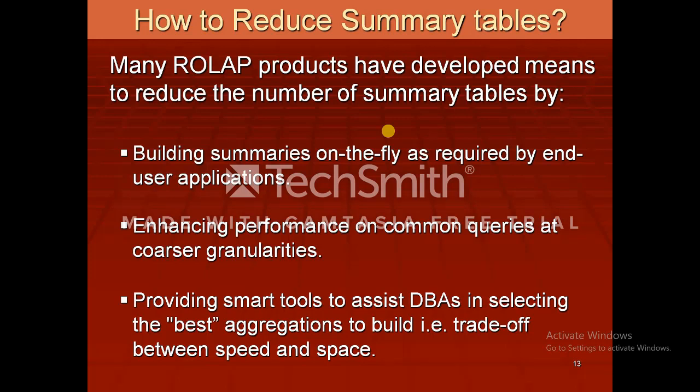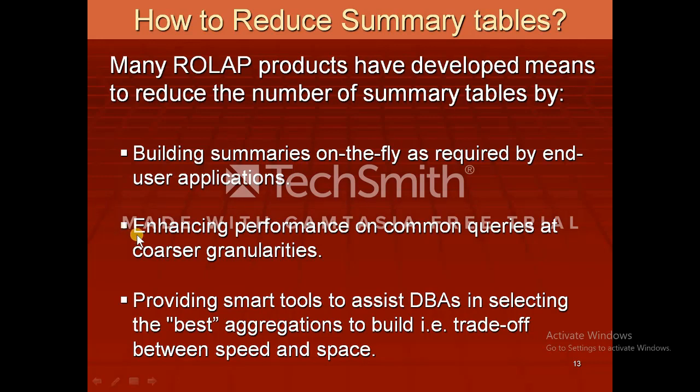Many ROLAP products have developed means to reduce the number of summary tables by building summaries on the fly as required by the end user application. We do not calculate the summaries in advance, but calculate them on the fly, or at runtime. The summaries required by the CEO are generated at runtime.